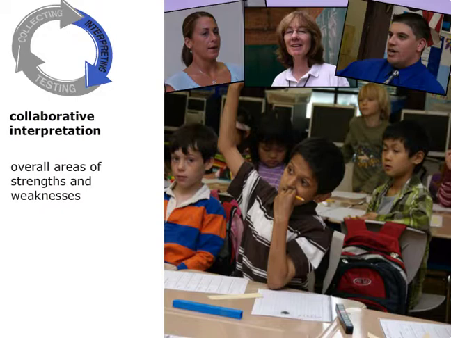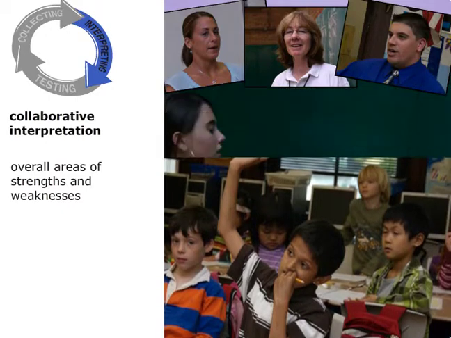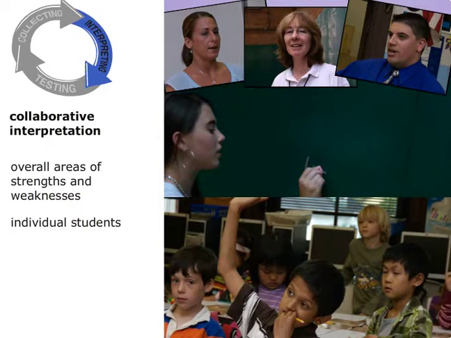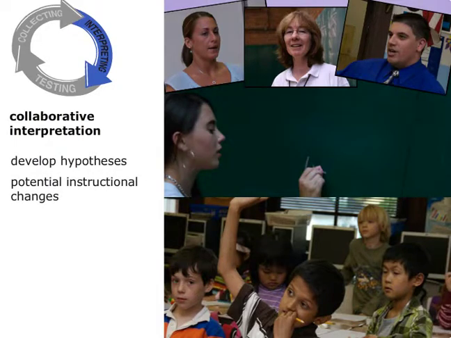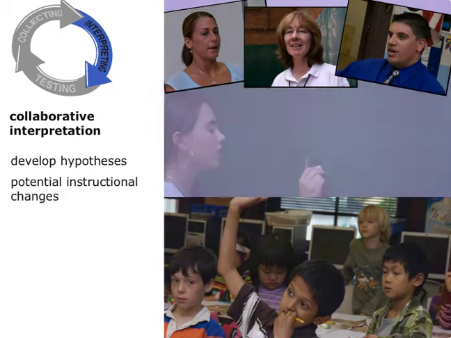The second objective is to identify the strengths and weaknesses of individual students so that assignments, instructional methods, and feedback can be adjusted accordingly. Once multiple data sources have been analyzed, teachers need to develop hypotheses about potential instructional changes to meet these overall and individual student needs.